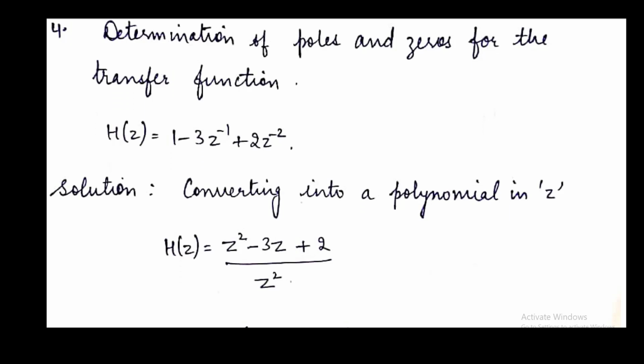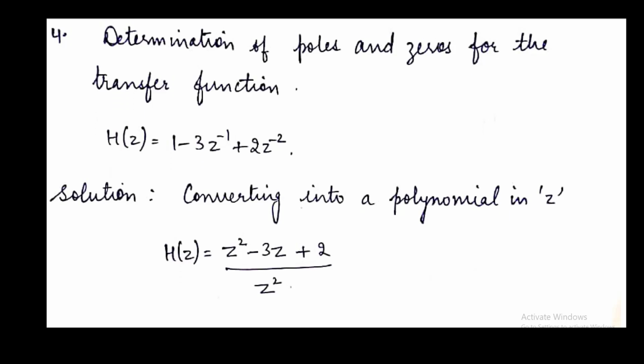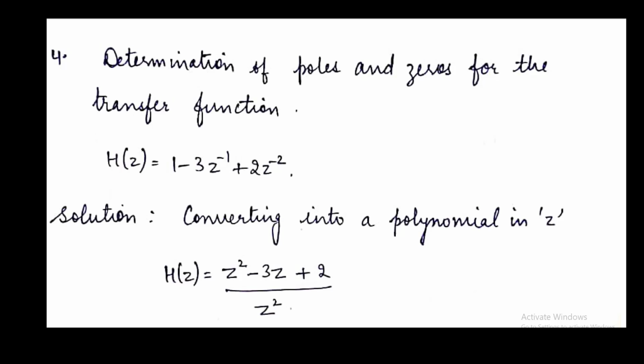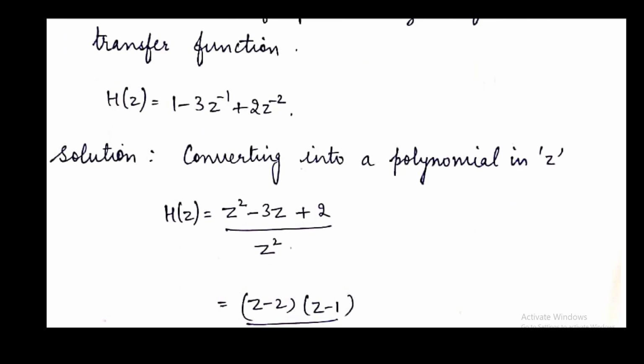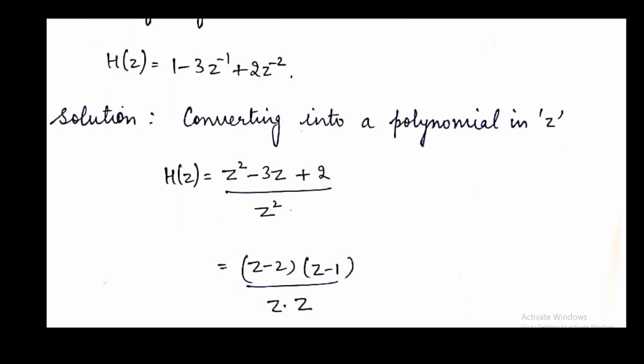So we know that if we want to calculate the zeros, we have to factorize the numerator and then keep those factors equal to 0, and you will get the zeros. Similarly for the poles, we keep the factors in the denominator equal to 0. If we factorize the numerator, we get two factors, z minus 2 into z minus 1, and in the denominator we have z square, so it will be z dot z.